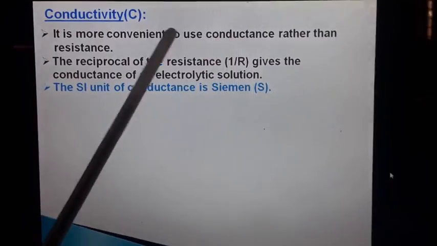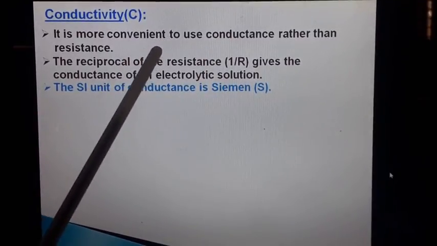The reciprocal value of the resistance is called the conductance of the electrolytic solution.